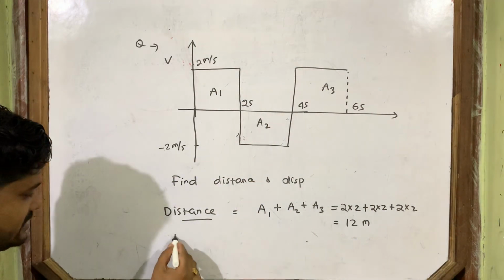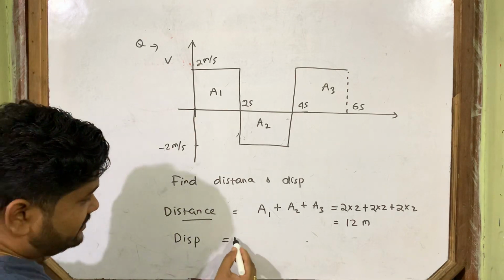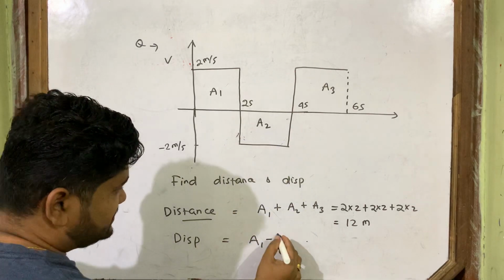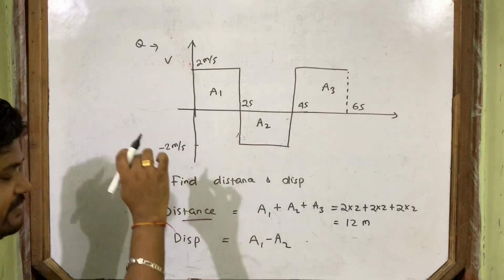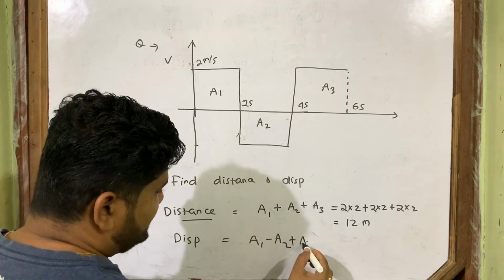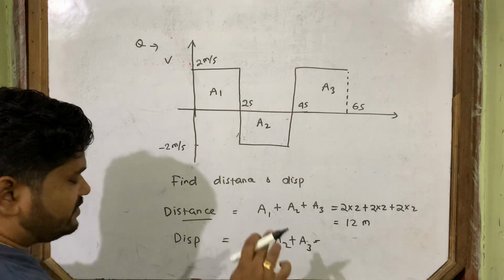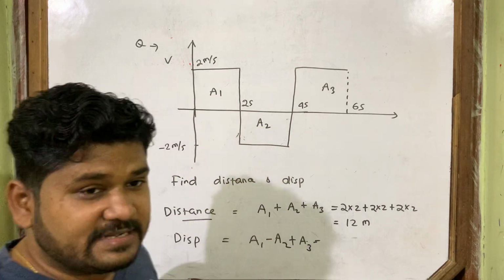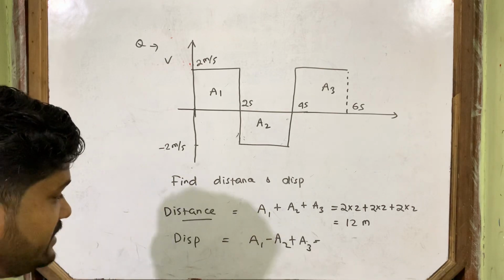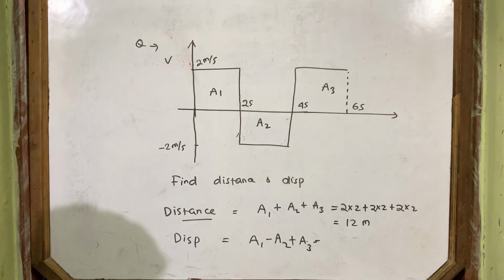Then what is the displacement? While calculating displacement, A1 and A2 are minus because V you will take as minus 2, so this will be minus, and A3 is plus. While calculating displacement, anything on the negative axis, while calculating the area, you have to subtract that one. Remember, this is the trick to find distance and displacement.